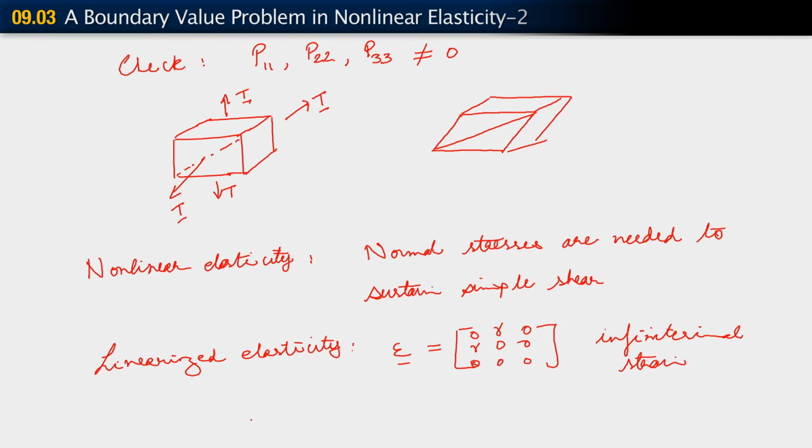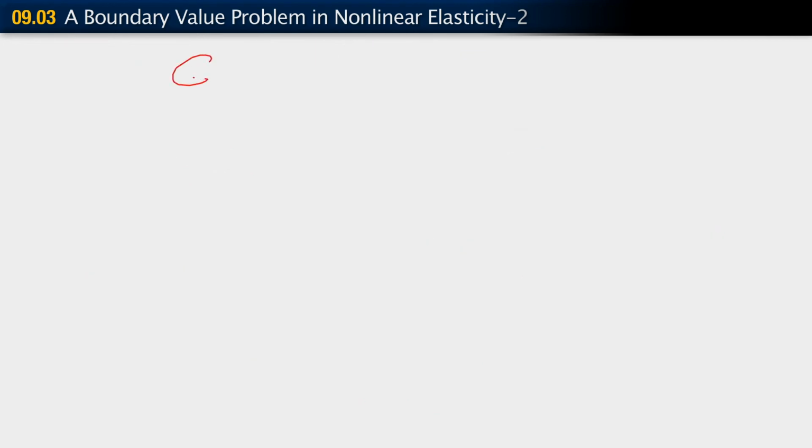Then if you went ahead and computed sigma equals C contracted with epsilon, where you used your linear elasticity modulus for isotropic materials, and we know this object very well, what you would see is that sigma is this.